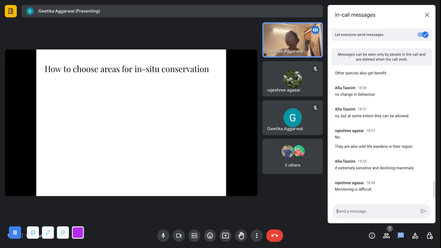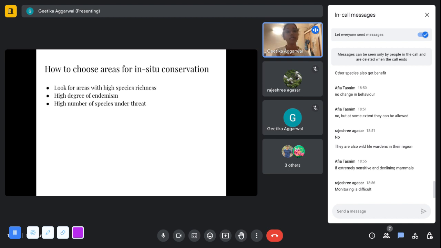Okay, so how to choose areas for in situ conservation? How do you decide which areas you're going to choose for your in situ conservation, or which areas you're going to set aside as a biosphere reserve? Some scientific decisions you make in this sense are that you would look for areas in which the species richness is high.